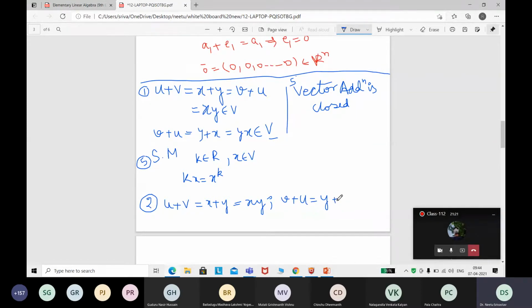Y plus x is equal to y into x. So whether you multiply x into y or y into x, it is going to be commutative.